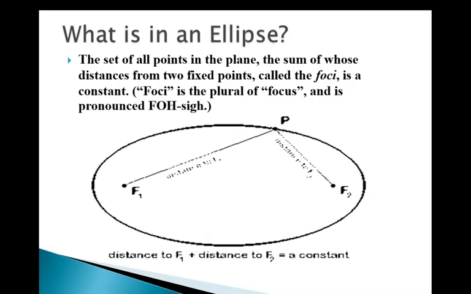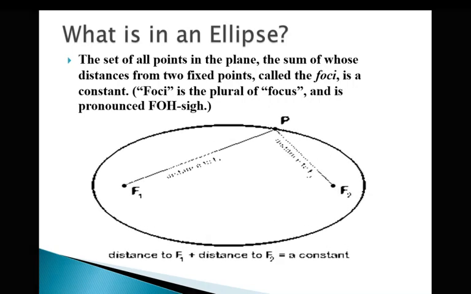So if you have these two focal points right here and here, this distance from here to here and this distance from here to here add up to a constant no matter where the point is. If I pick another point, say this point P2, this distance from here to here and here to here has to be the same. Matter of fact, that's how you draw an ellipse.